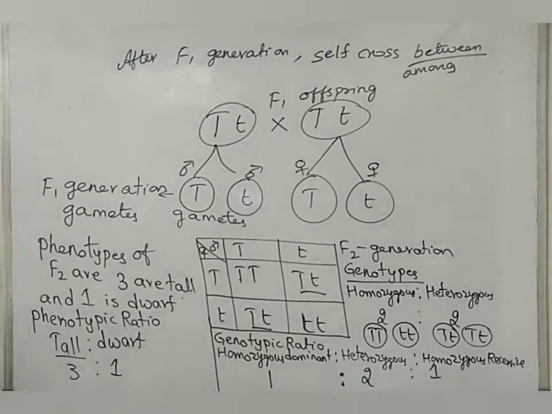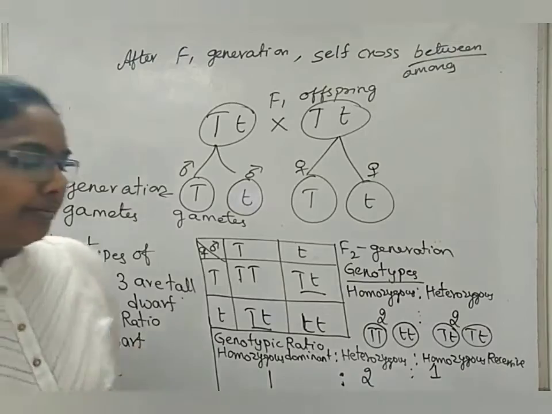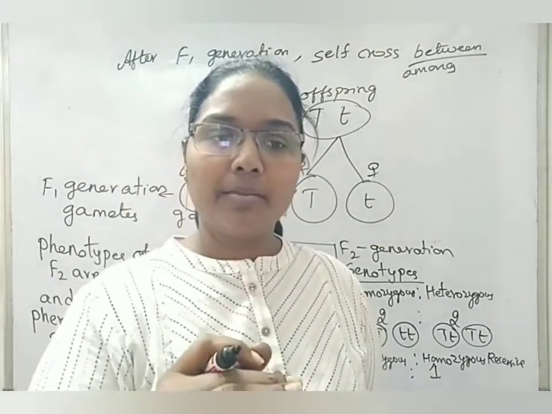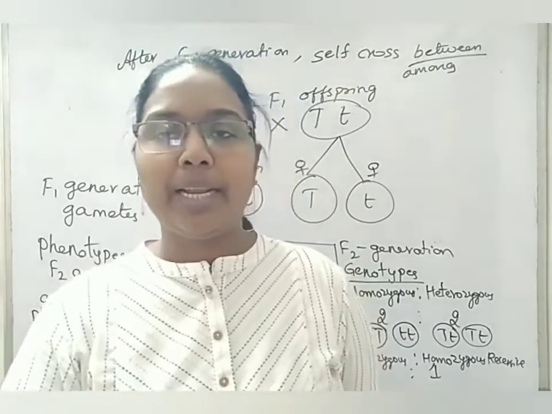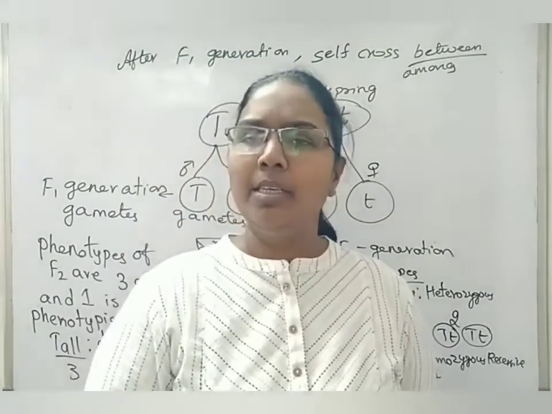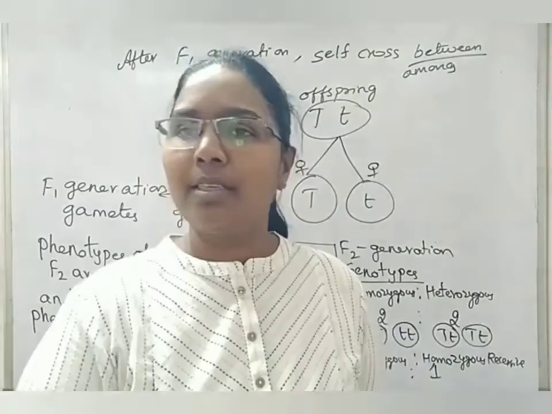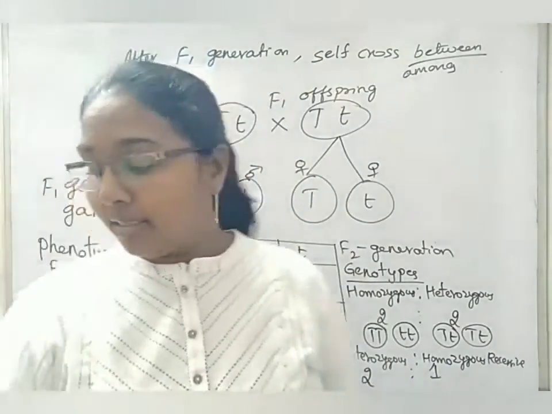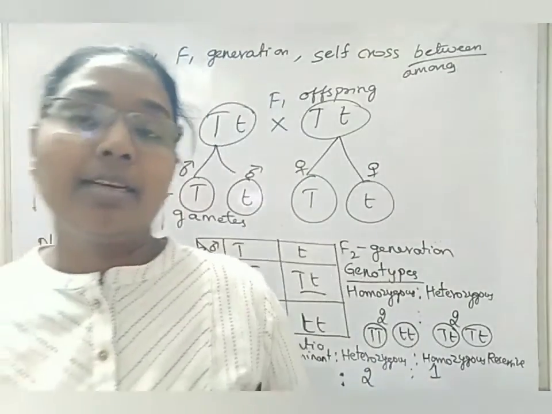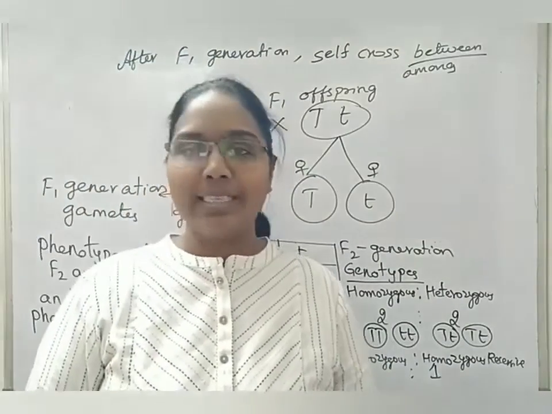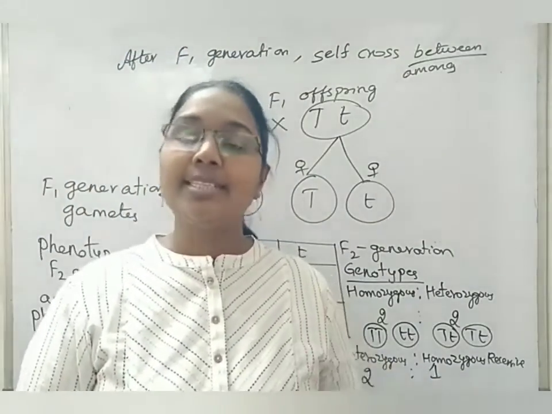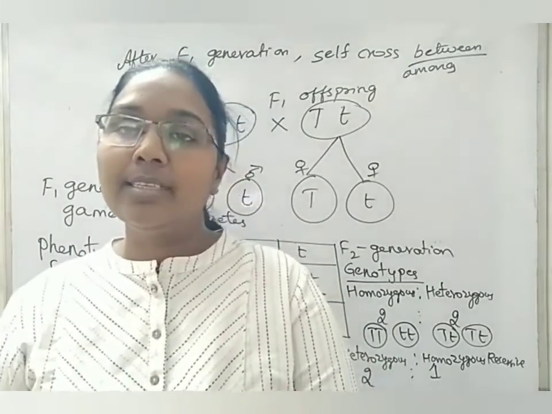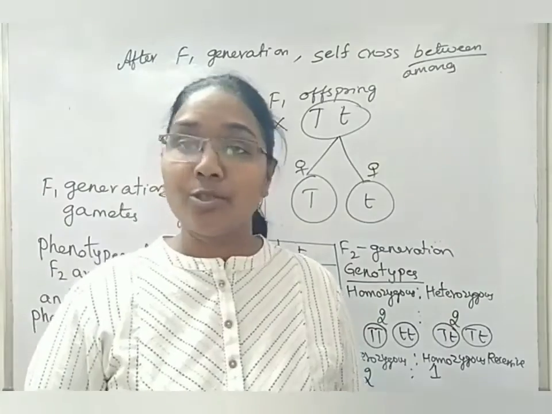Now, here we can take another example. This example is regarding the height character of the pea plant. You can also take one more example that I have seen in some competitive examination books for NEET. Curling hair is dominant over silky hair. It means the alleles responsible for curling hair are dominant over the alleles responsible for silky hair or soft hair.